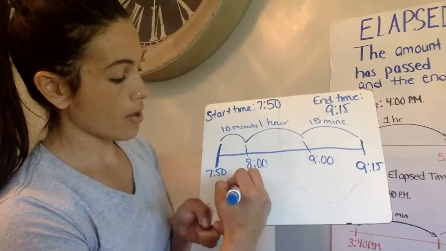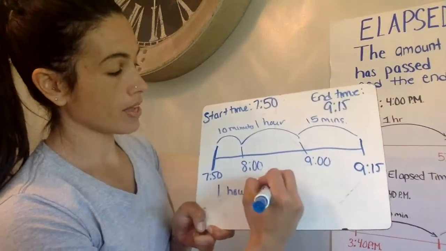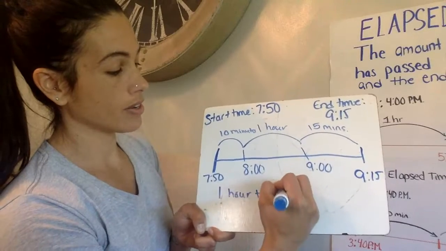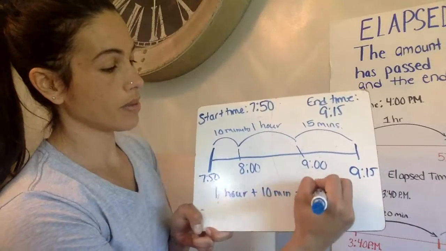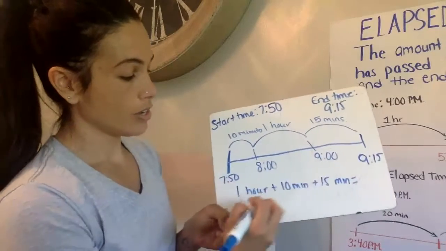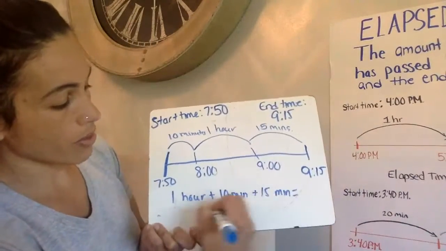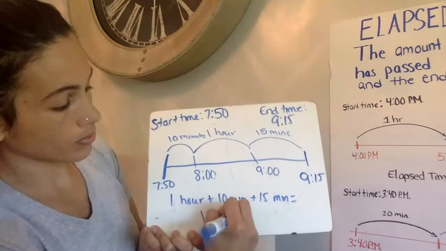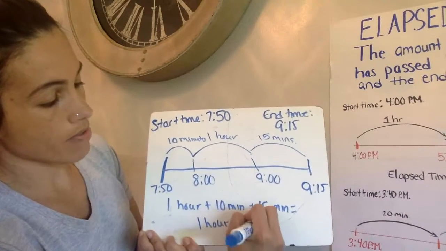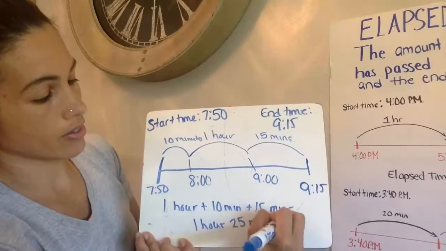So 10 plus 15 is 25 minutes. So they were there 1 hour and 25 minutes.